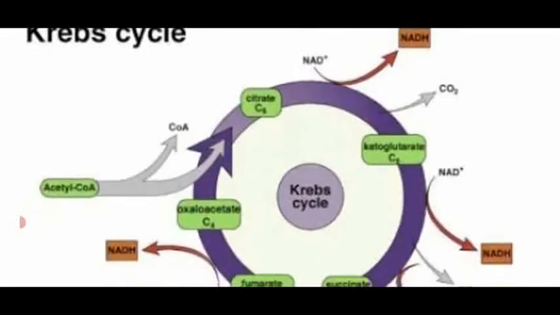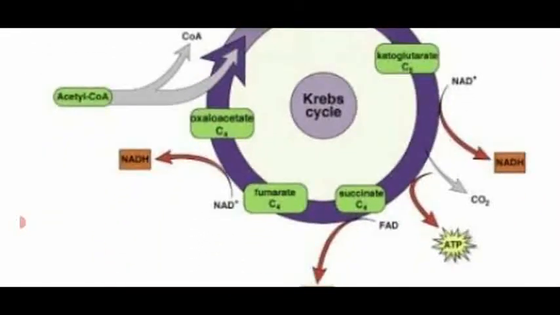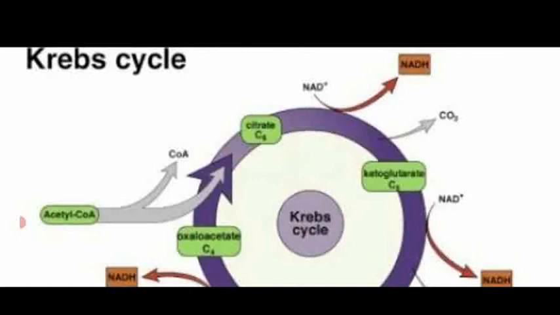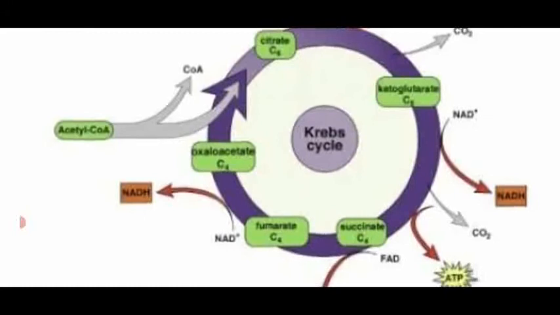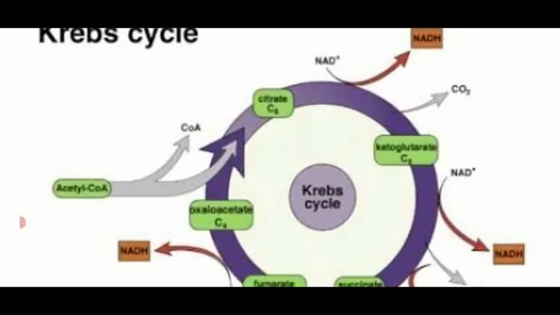Then the third one takes place in the oxidation of pyruvic acid, which is not given in this diagram. That process is also attached to this Krebs cycle. So 3 carbon dioxide molecules are liberated in this Krebs cycle process.